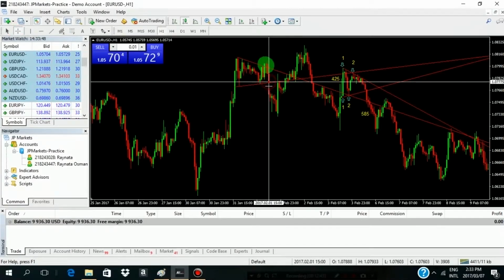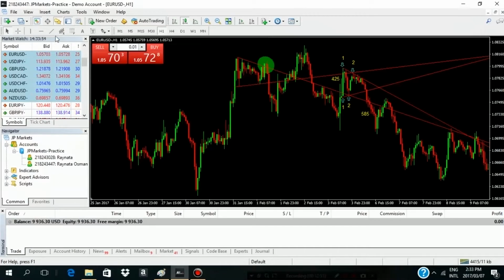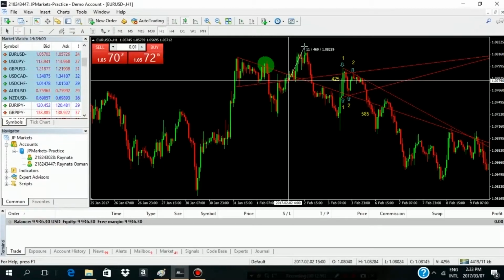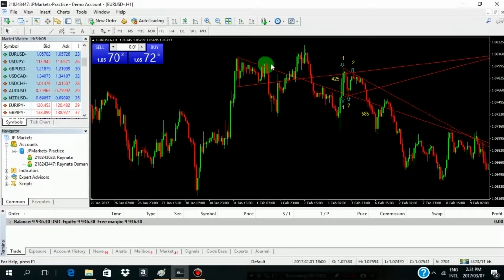So when price breaks out to the downside, it gives us more than what we expected. And when price comes back up to break out to the top side, it also gives us more than 50%. So in a nutshell, what this triangle did is it broke out to the downside and then went all the way to the top side to take your profit.